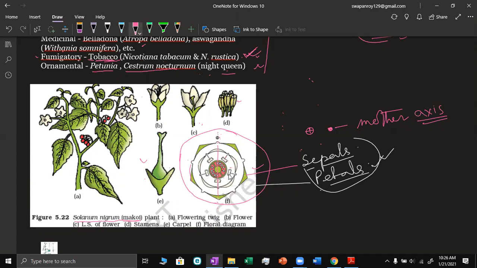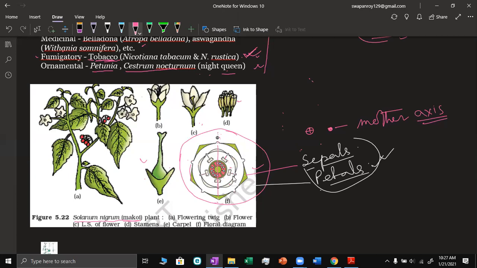These stamens are attached to the ring of the corolla, that is the petals, by their filaments. So that's why here it is shown attached, joining at the petals.